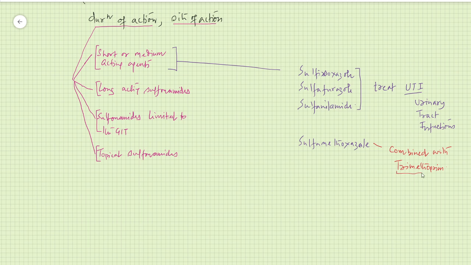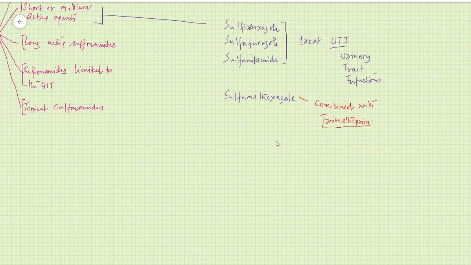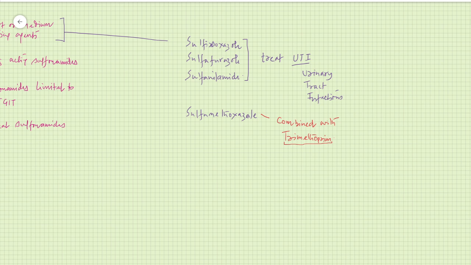Why is it combined? We will be discussing that in just a moment. So this drug is combined with trimethoprim, and it is less soluble than sulfisoxazole. That's a small point that we need to remember.